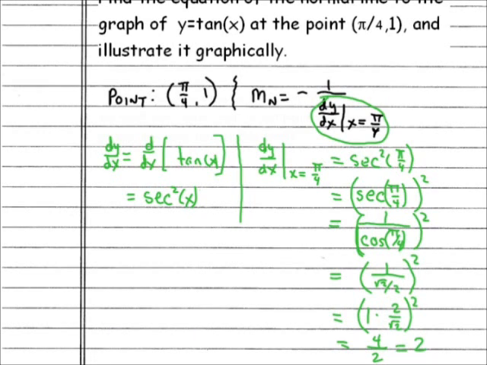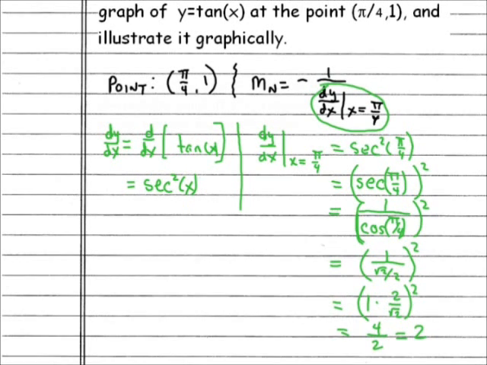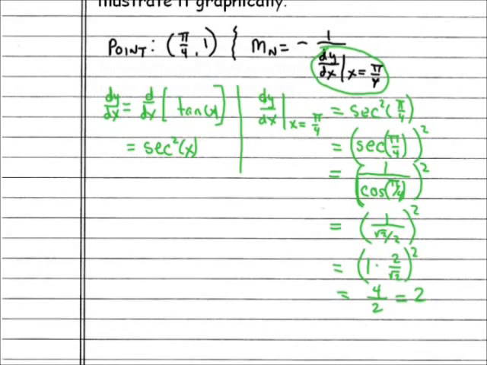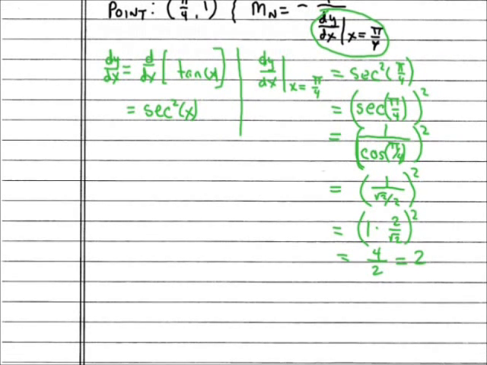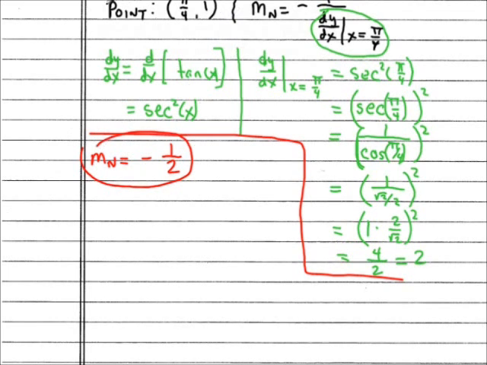So finally, let's make ourselves some space. The slope that we're actually interested in is the slope of the normal line. And that slope is the negative of the reciprocal of the slope of the tangent line, so negative 1/2. Okay, we've got the slope of our normal line, and we've got a point that is on our normal line, and so we put these together.